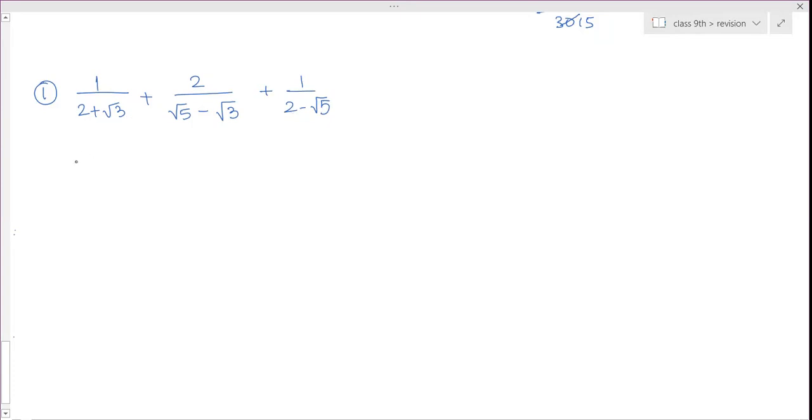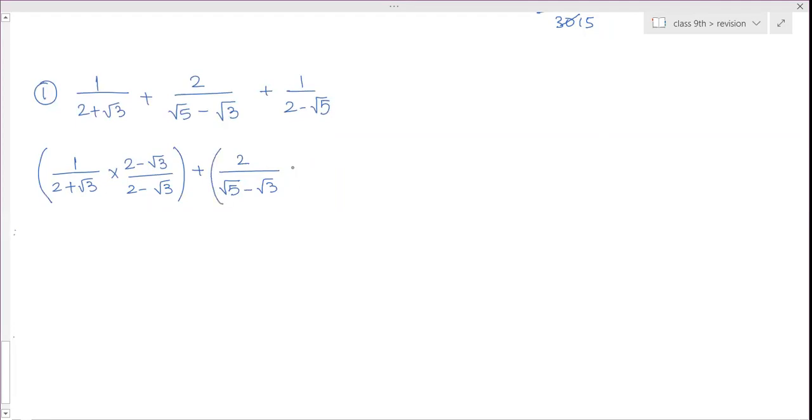So it is 1 by 2 plus root 3, into 2 minus root 3 by 2 minus root 3, plus 2 divided by root 5 minus root 3. This is the second fraction, this is the first fraction. We are rationalizing separately.